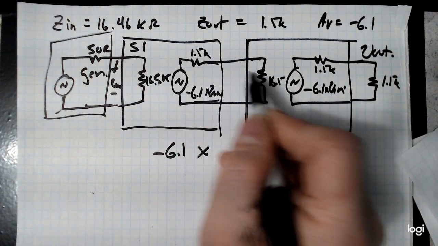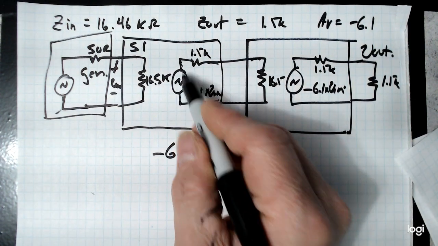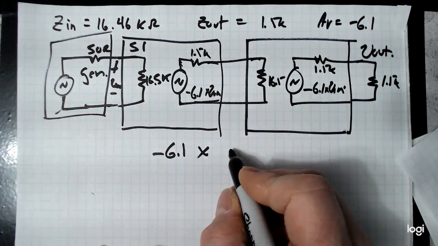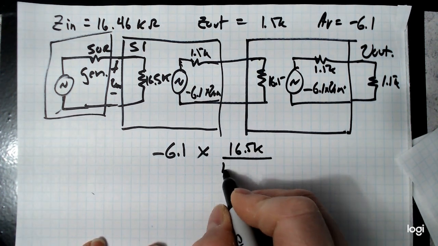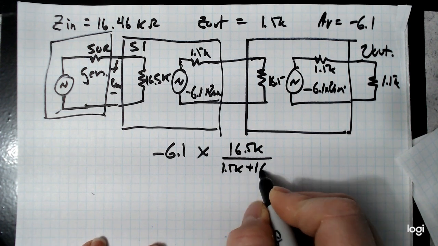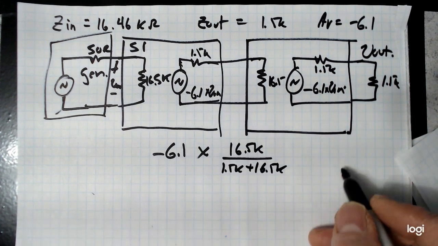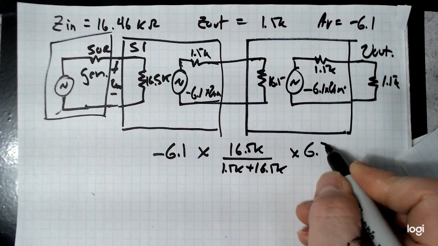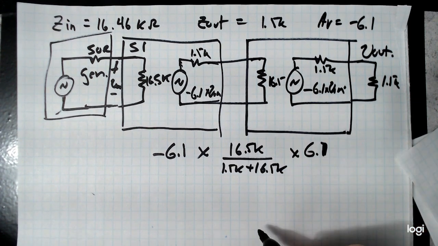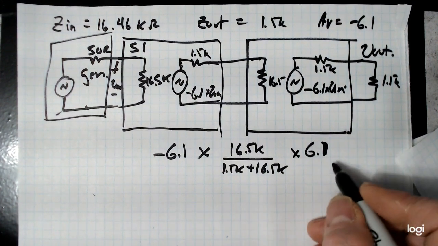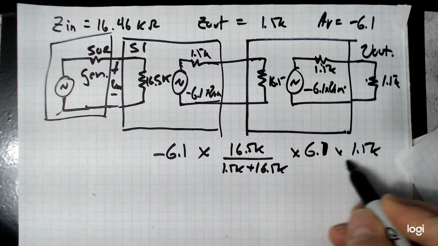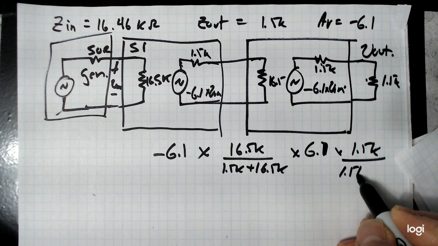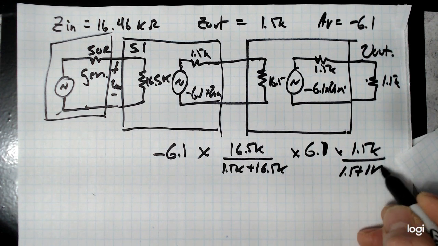But then I would hit this voltage divider. This voltage across here would hit a voltage divider. So that would be 16.5K over 1.5K plus 16.5K. And then it would get amplified again by 6.1. And then it would get attenuated again by a 1.5K in series with another 1.5K.